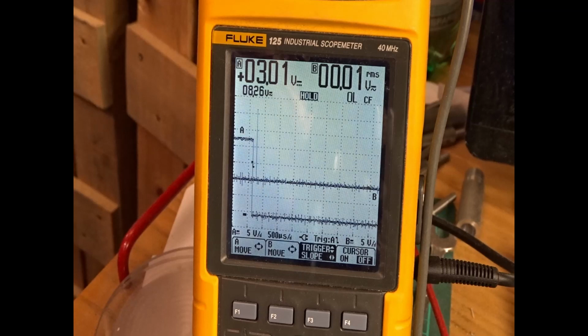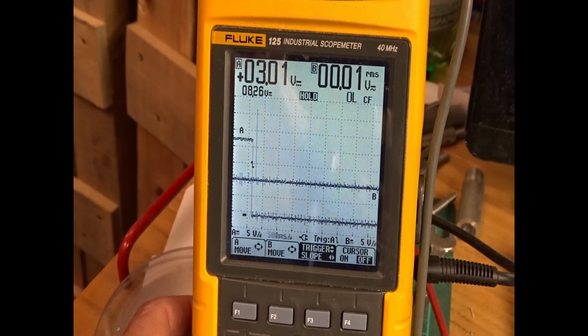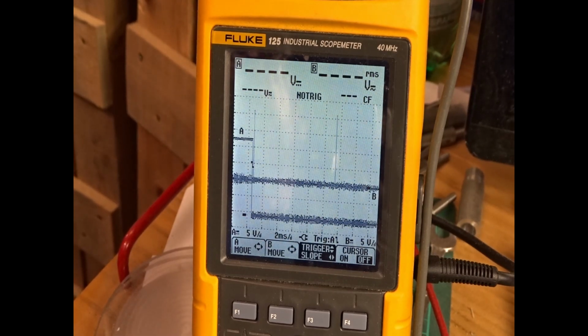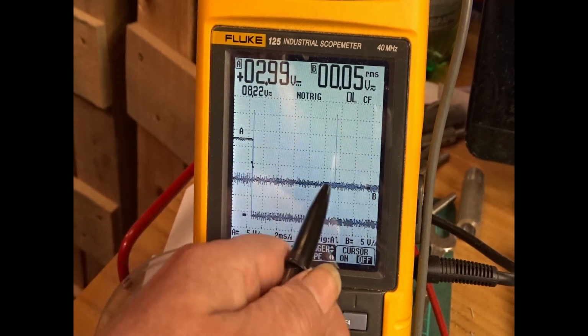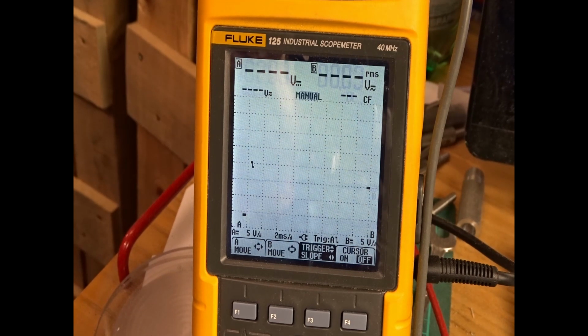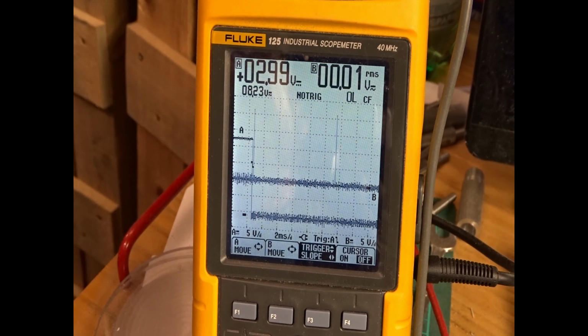I'm going to move it up to 1 millisecond, 2 milliseconds. And you see the first and the second trigger there, or the pulse. There's my second pulse.